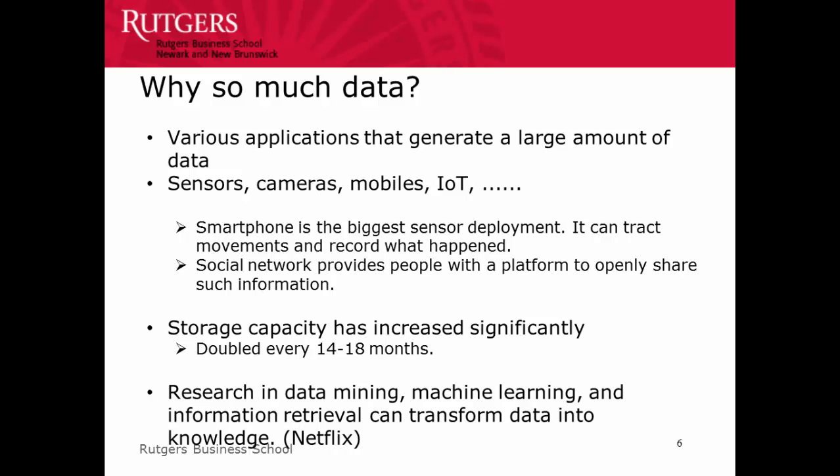And the third contributing factor is that research in data mining, machine learning, and information retrieval can transform data into knowledge. These fields have witnessed significant progress in the recent 13 years, and thanks to these technologies, we can better use big data.